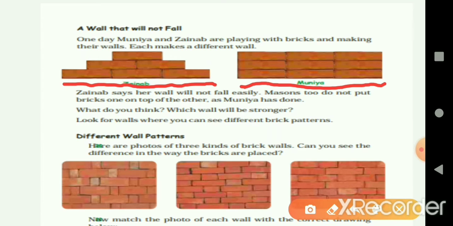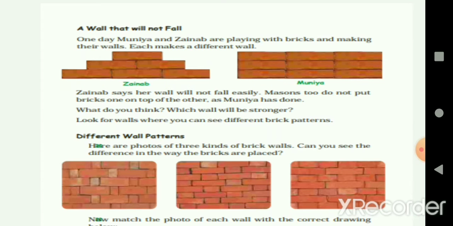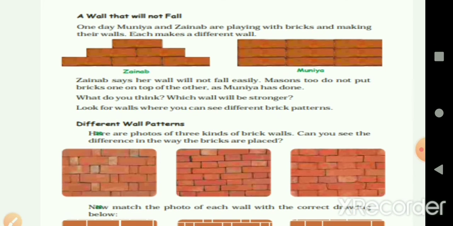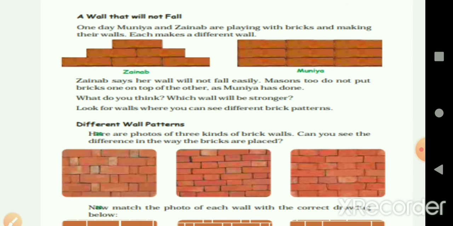Now tell me, which pattern will not fall? Zainab says her wall will not fall easily. Masons too do not put bricks one on top of the other as Munia has done.